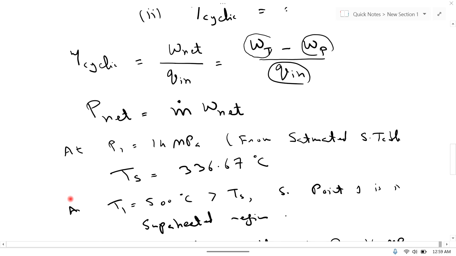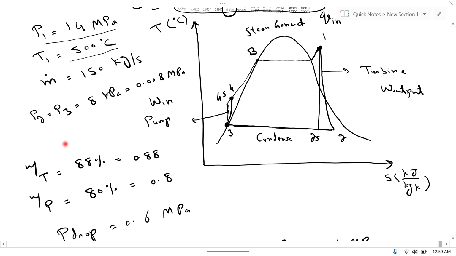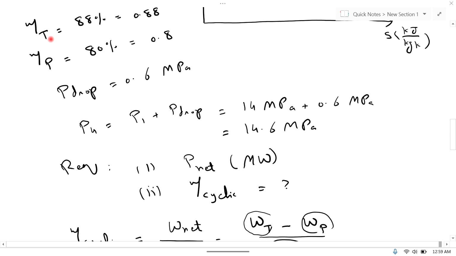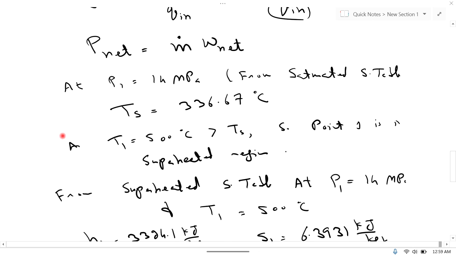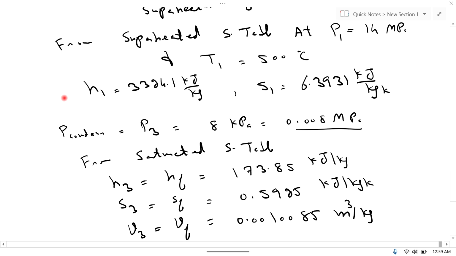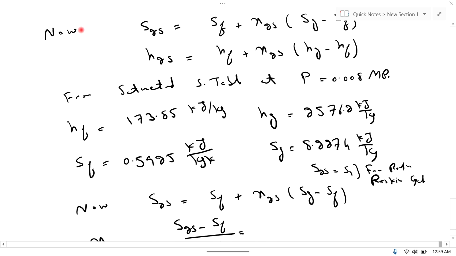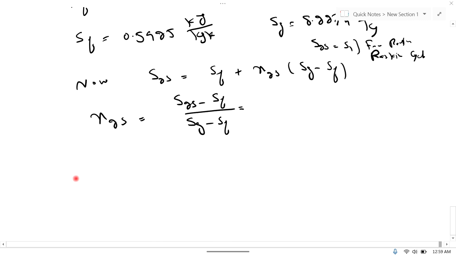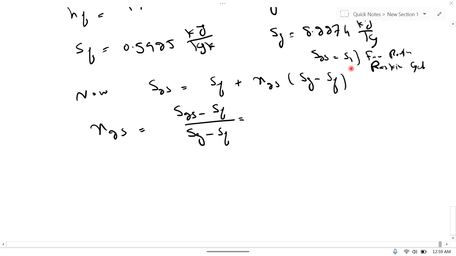This is S1, this is a straight line, this is the entropy line, so this is a constant entropy line. It means that S1 and S2S are equal, and S1 is equal to the value already found, 6.3931. S1 is equal to S2S is equal to 6.3931 kilojoule per kilogram per Kelvin.